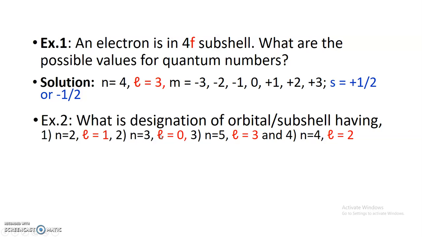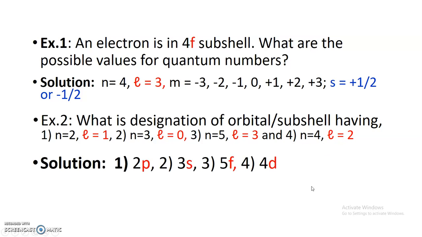For n is equal to 3, l is equal to 0, l equal to 0 means s, so the subshell must be 3s. When n is equal to 5 and l is equal to 3, the subshell must be 5f. And when n is equal to 4 and l is equal to 2, it must be 4d. This is the answer: 2p, 3s, 5f and 4d.